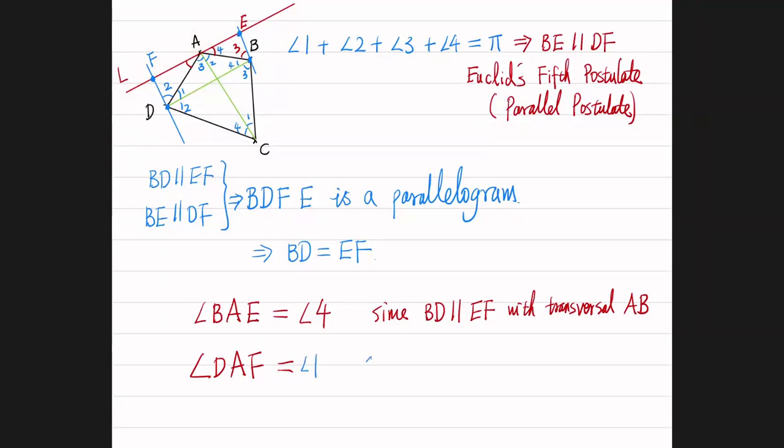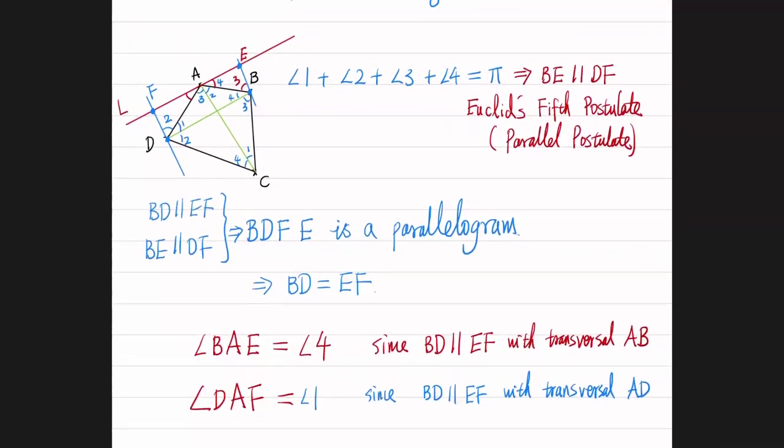Because angle 1 and angle DAF are alternate interior angles for the same parallel lines. What's the transversal? AD. Yes.